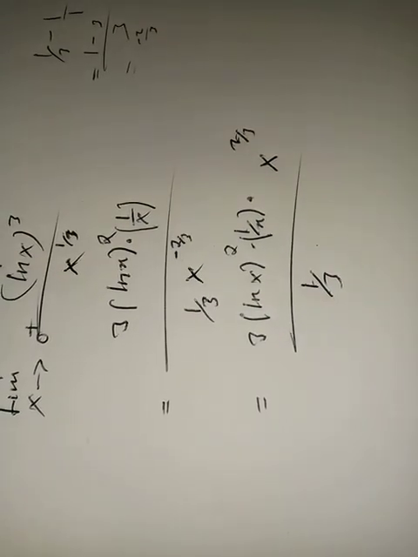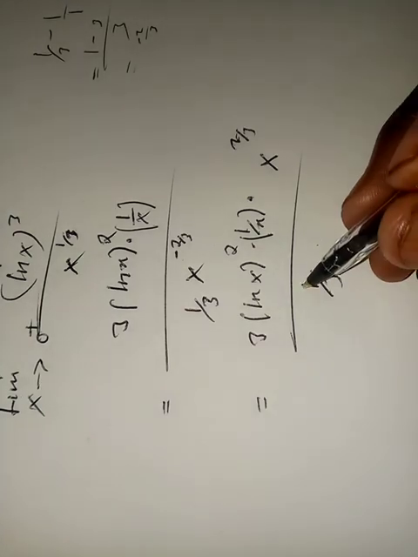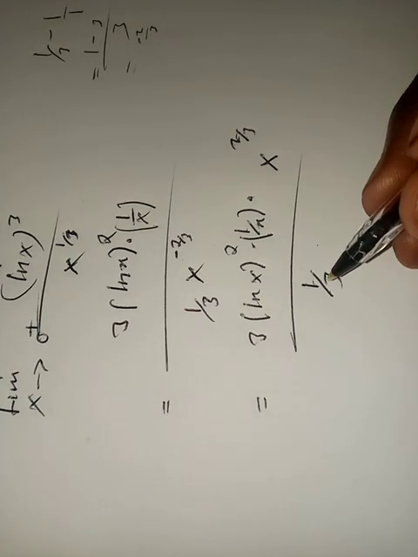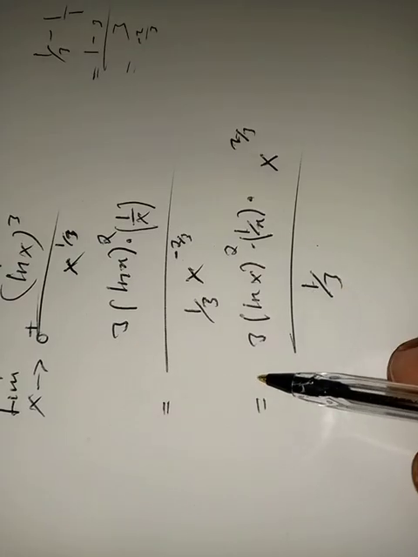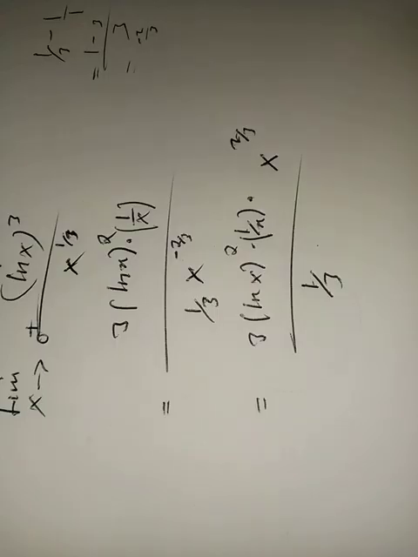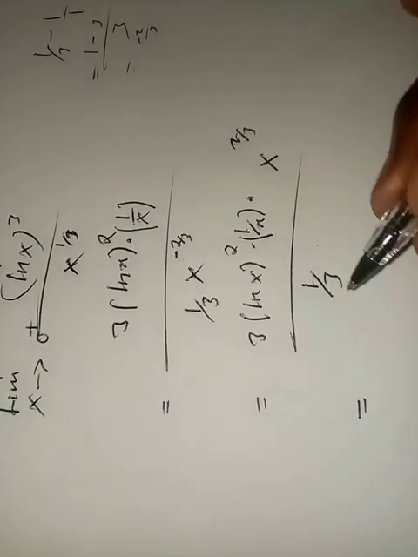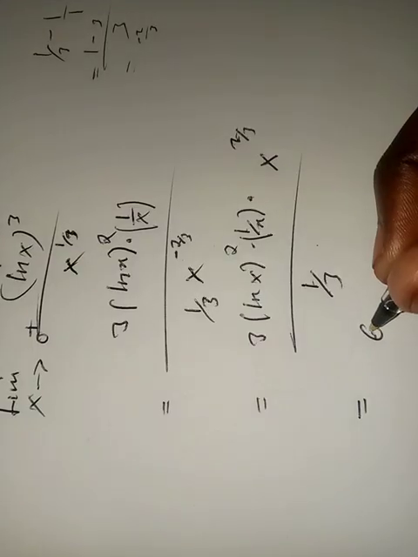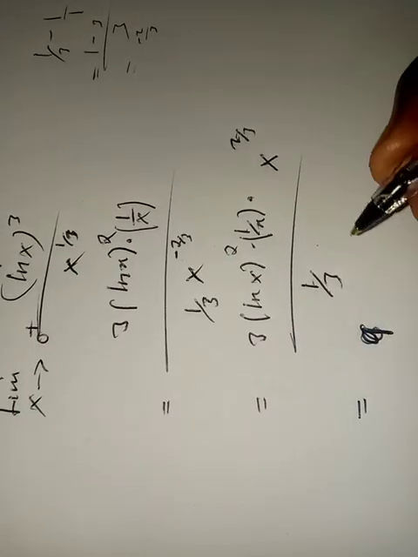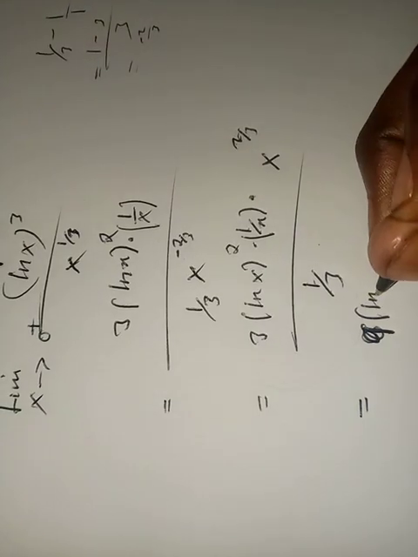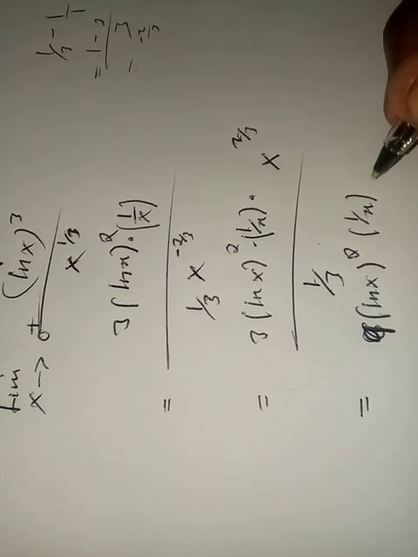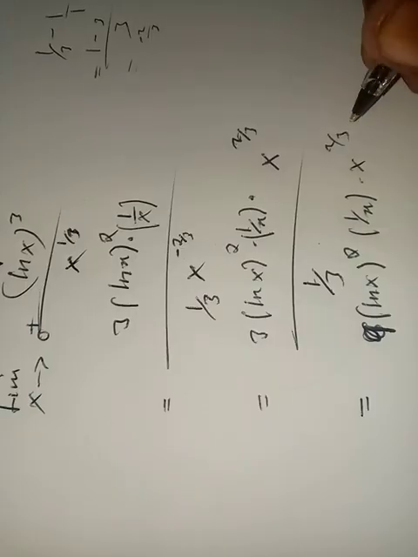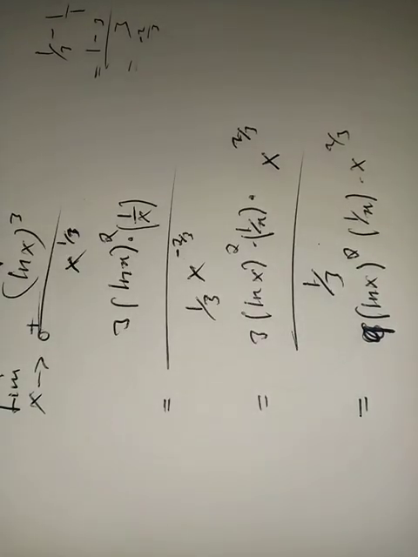In this case, I'm having 1 over 3 down there, so a reciprocal will take place. On my side, I just count the stages: 1, 2, and 3. It means this final stage will multiply the upper stage, so you have a 3 which will multiply a 3, and you have a 9. So you have 9 times ln x squared, and then you maintain your 1 over x, as well as x to the 2 over 3 down there, which is the same expression.